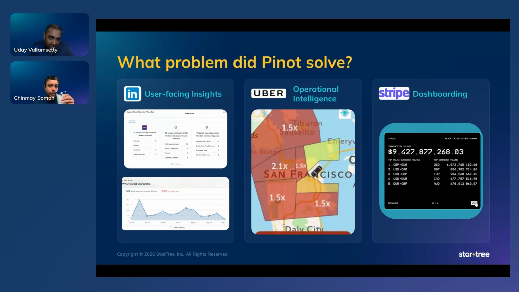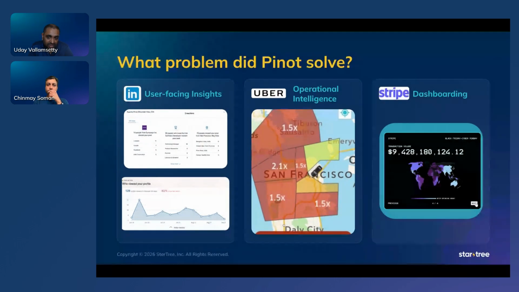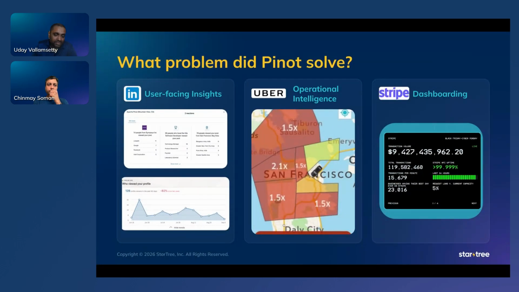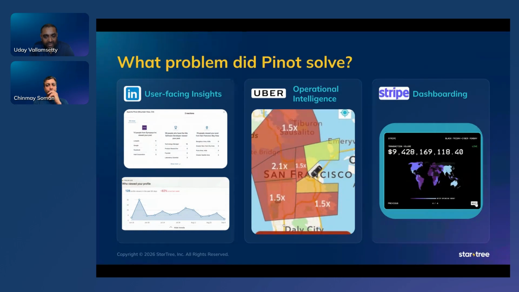When Pinot was created, LinkedIn had 50, 60 million users, and it grew to a few hundred million users. Pinot was able to sustain that throughput and provide real time insights back to every user that logs into LinkedIn. Tens of millions of users are using this app, and that's all powered by Pinot.